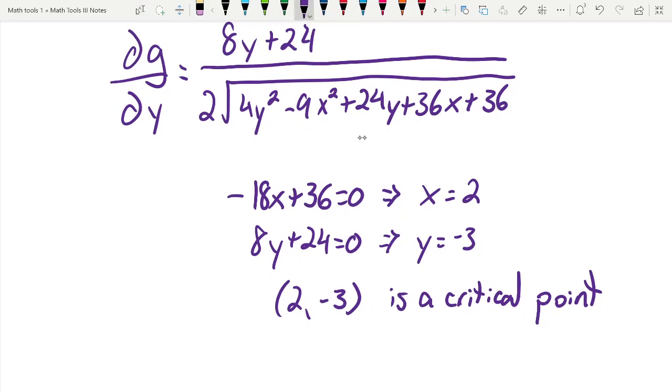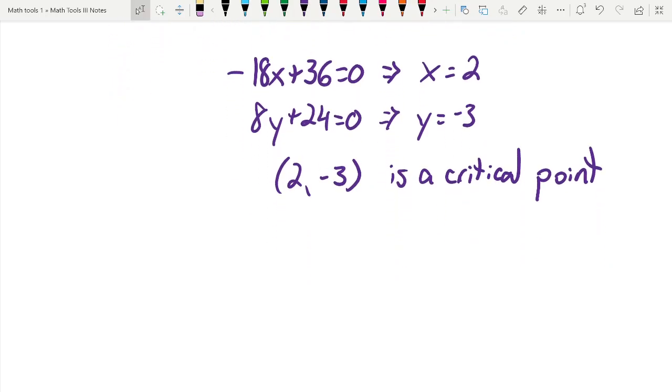But now we also need to look at where the denominator is 0, because that's going to mean that the derivative is not going to exist at that point, right? Actually, it's even more than that, because we also have the square root, right? So anything that's going to make this less than 0 is going to be an issue there.